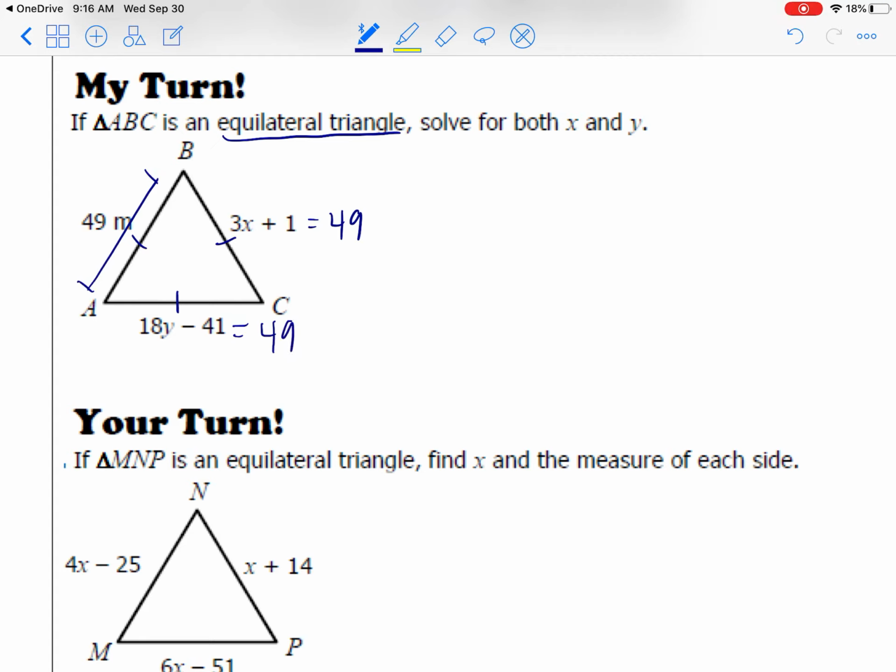So those are your two equations that you need in order for you to successfully solve for x and y. 3x plus 1 equals 49. Simple two-step equation, subtract the constant and divide by the coefficient.